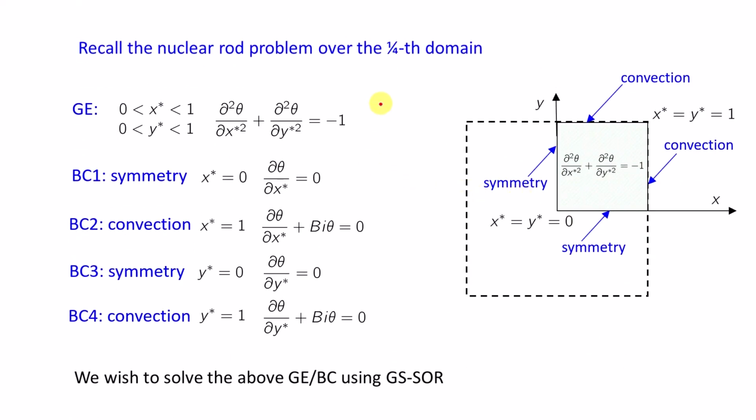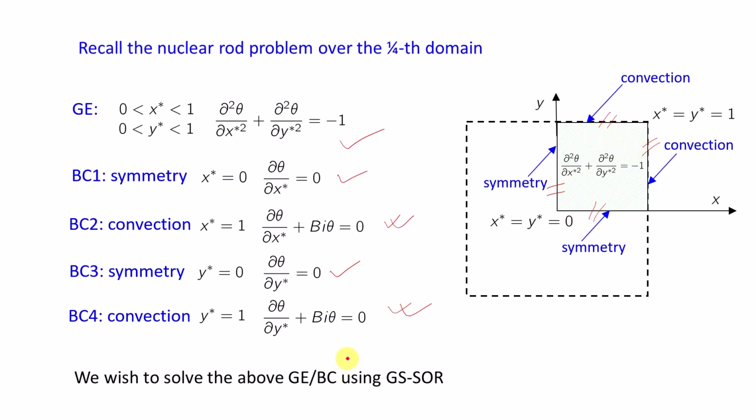Let us recall the problem at hand. Here we have the Poisson equation as the governing equation, and we have Neumann boundary condition on two sides, here and here, because of symmetry, and convective boundary condition on two sides, which are connected to the outside fluid.